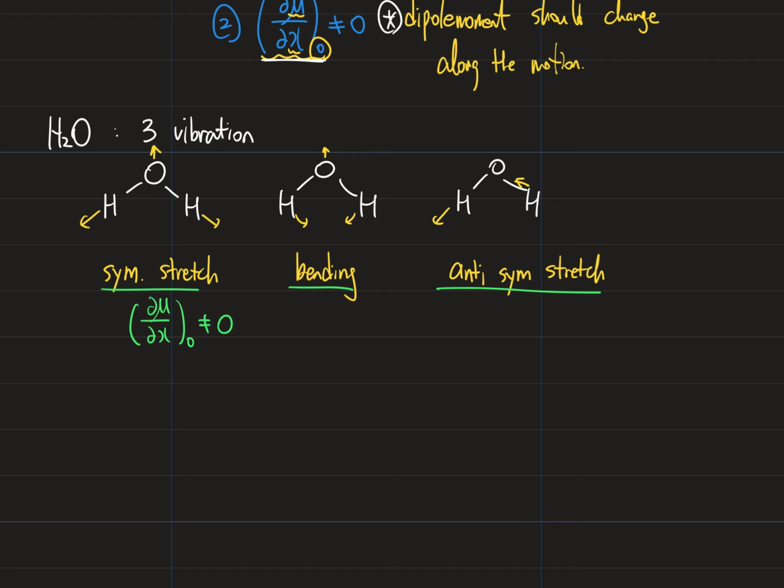Then what about carbon dioxide? For carbon dioxide, we have 4 vibrational motions. Among them, the symmetric stretch of the 2 CO bonds doesn't induce a change in dipole moment.